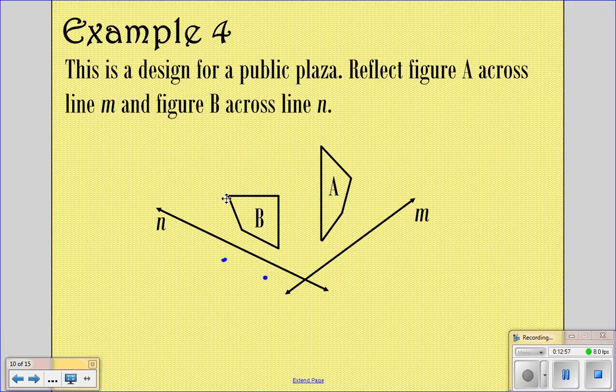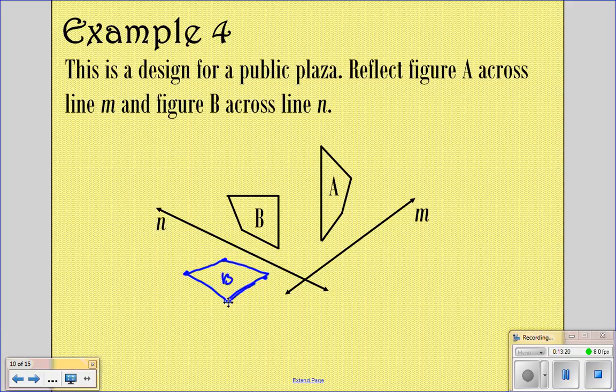And then this point's going to come over here. And then this point is going to come here. Okay, and so there would be your B.